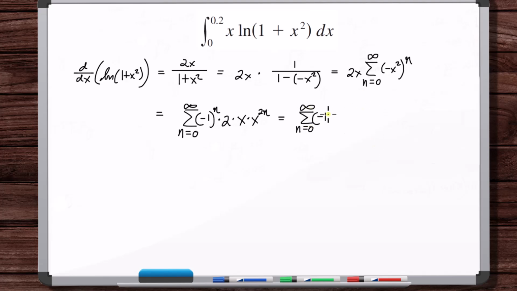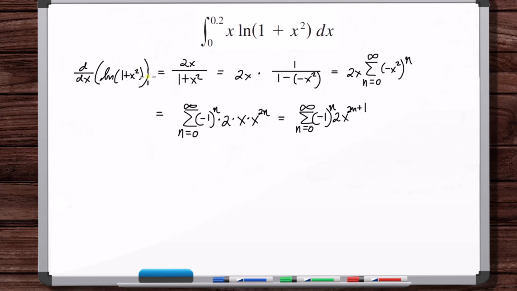So we get minus 1 to the n, and then 2x to the 2n plus 1. There we go. Now this is a power series representation of this function.